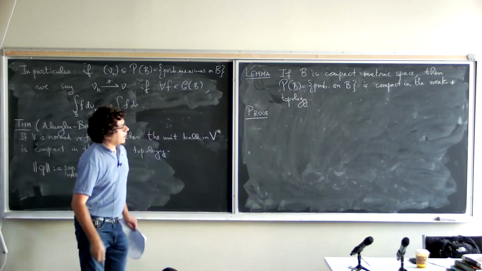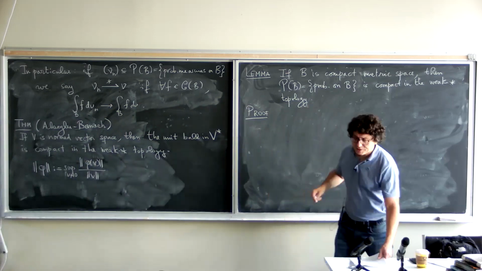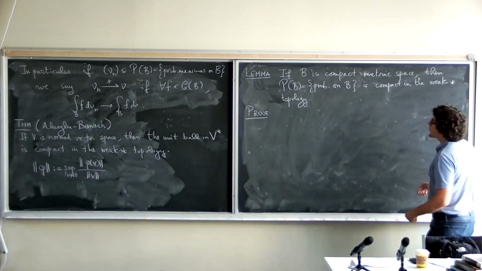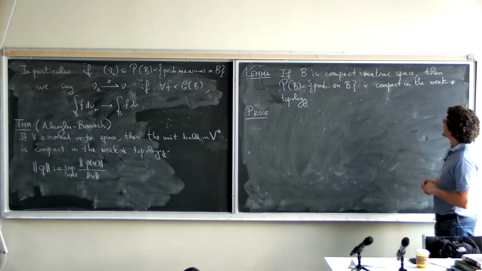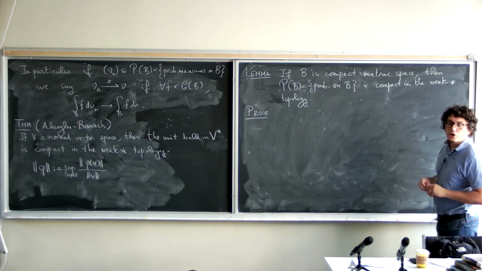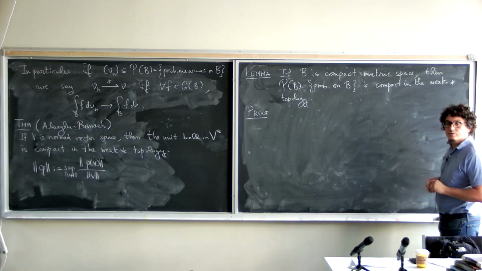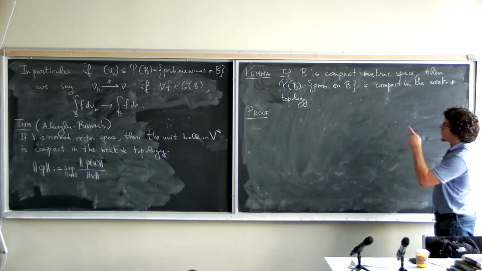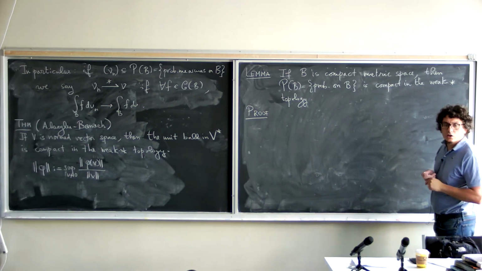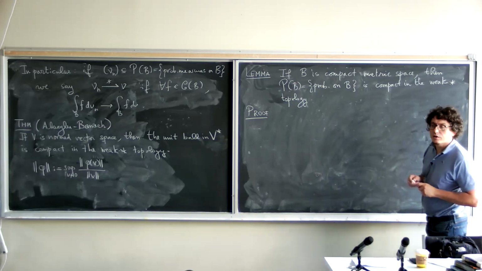Okay, so let's see how we do this. Well, we basically leverage the Alaoglu-Banach theorem. Does anybody want to give it a try? Yeah, so probability measures are special elements in the dual to C of B, right?